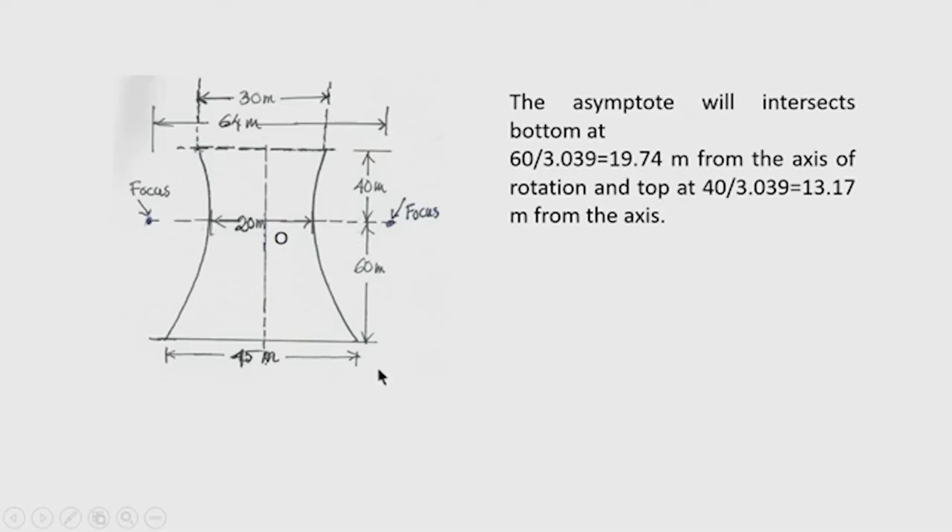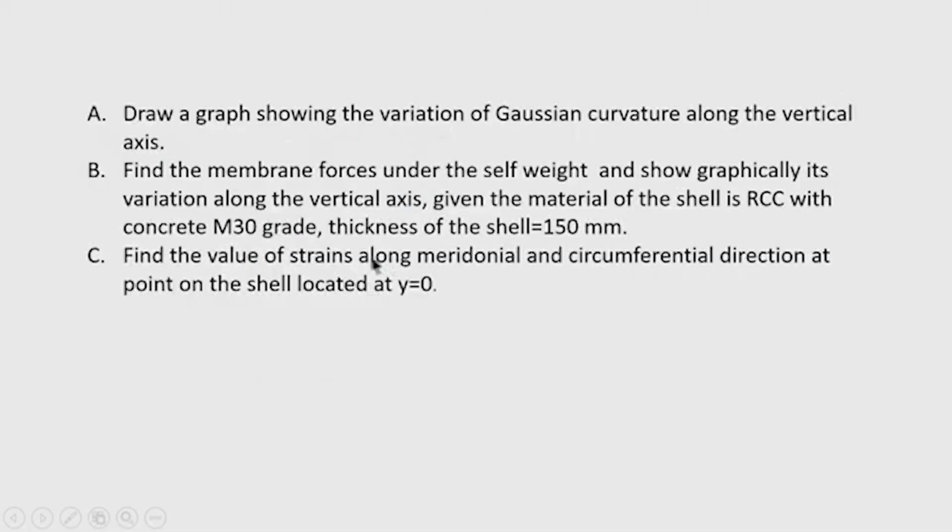So, at the bottom the asymptote will intersect the base at a distance of 60 divided by 3.039, that is 19.74 meter from the axis of rotation, and at the top it will intersect at a distance of 40 by 3.039 from the vertical axis of rotation. Okay.